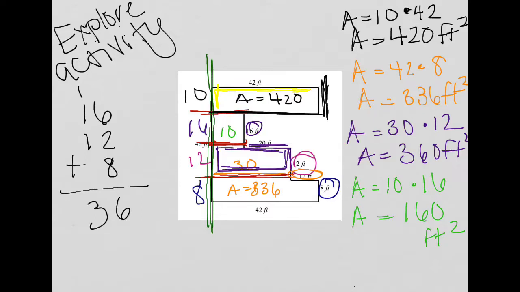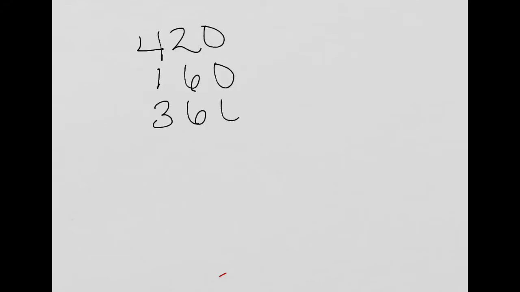So now what I'm going to do is, in order to find the area of the whole thing, I have to take the area of each piece and I have to add them up. So I'm going to go to a clean page and I am going to find the area of this composite figure. So I'm simply going to take all of the areas that I found. So I first started with 420, then we had 160, then I had 360, then I had 336.